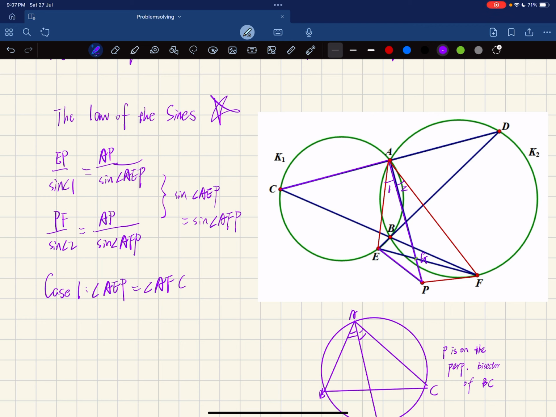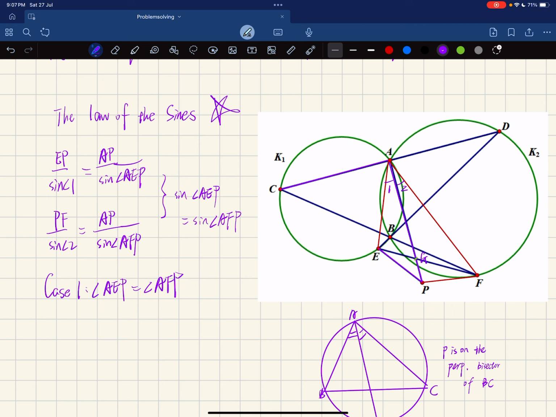What does that lead to? Why do we deny that AEP equals to AFP? Why don't we think it is right? The reason is that once the angle AEP equals to angle AFP, what can we have?